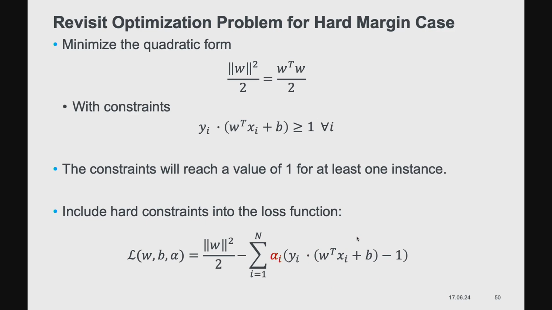Now here we do this analysis for hard margins. There are generalizations, but we don't go into this at this point. You get the basic idea without the slack variables here, but it exists also for slack variables. So when the constraints fail, the objective function is punished.